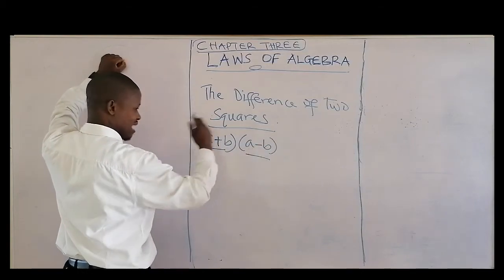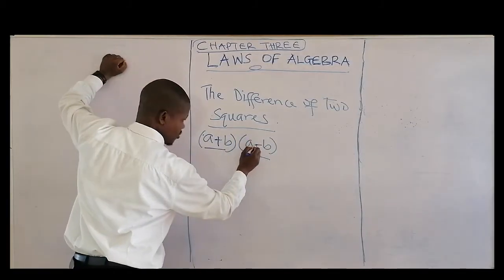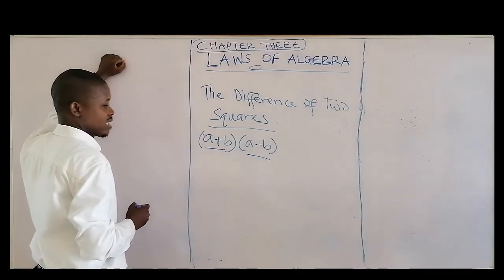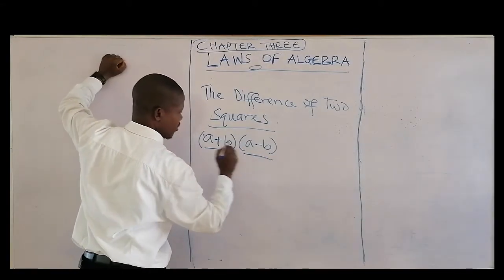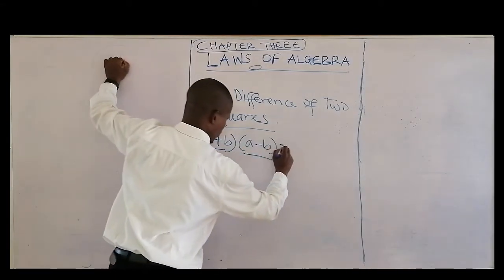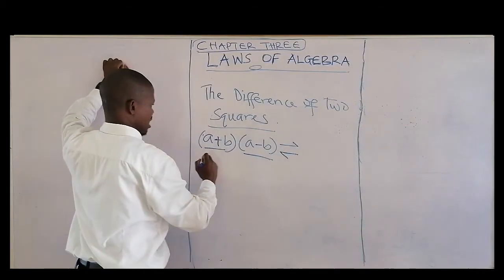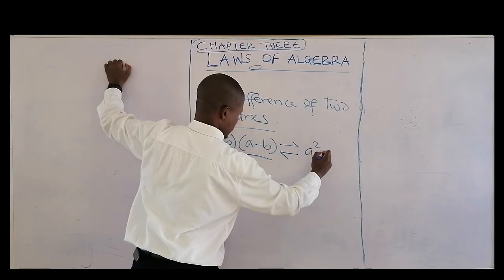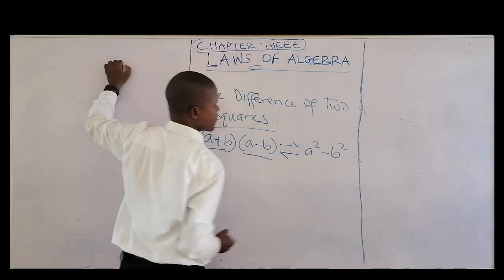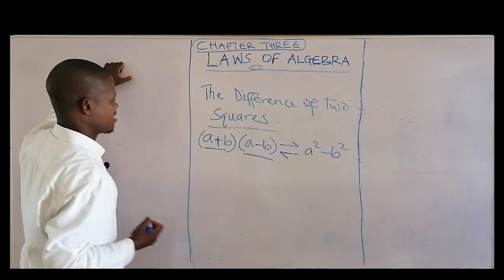I mean alternating sign. If this is plus, this must be negative. And that's what we call difference of two squares. This is also reversible. This will give you a squared minus b squared.